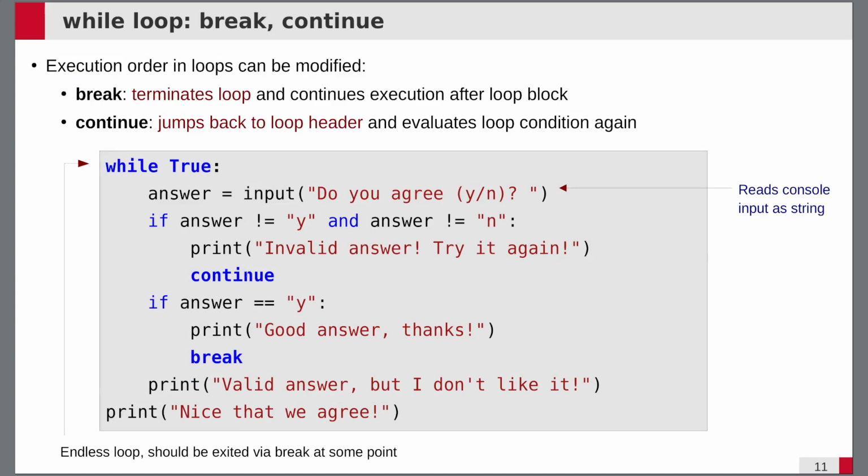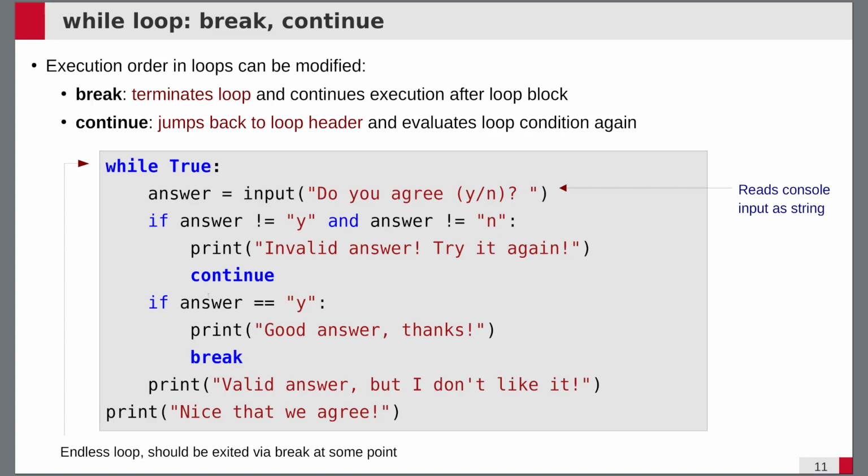Also, the while loop has the break and the continue statements, and they work exactly the same way as for the for statements. So continue would just jump to the beginning of the while loop and evaluate this condition again. If you have a break statement somewhere and that is executed, then you would just continue execution after the print statement, right?